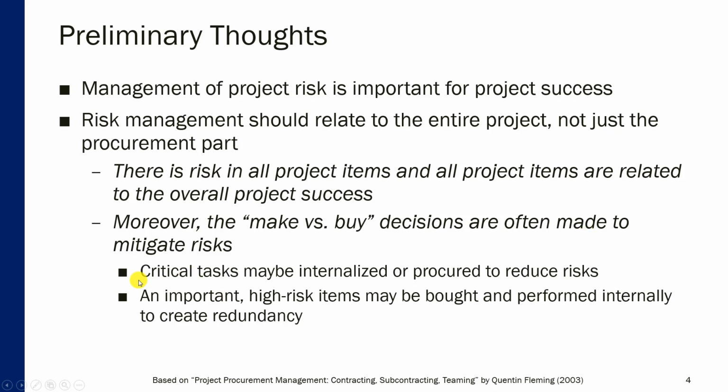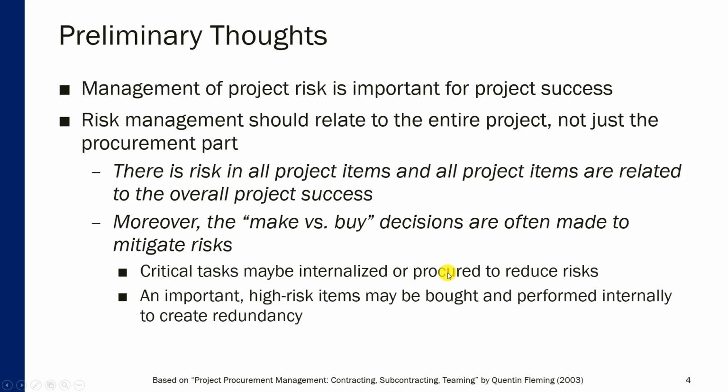For example, critical tasks may be internalized or procured to reduce risks. For example, if a particular organization believes that by internalizing a particular work item in a project, they should be able to exercise tighter control over this work item and decrease chances of something going wrong with it, then they will go ahead and internalize it, meaning do it internally as opposed to procuring it from outside.